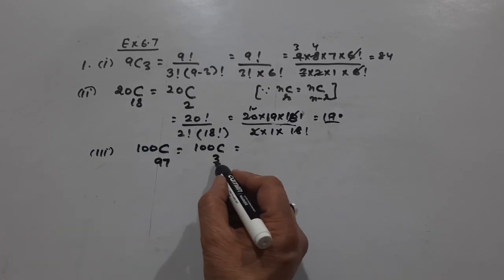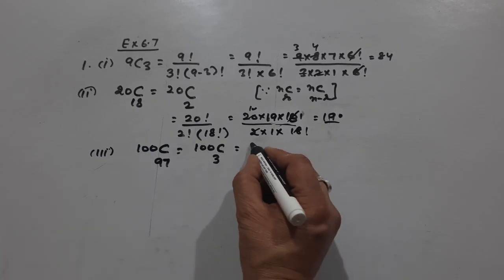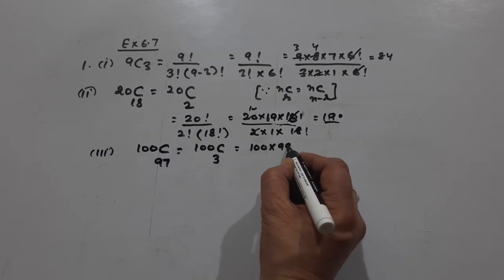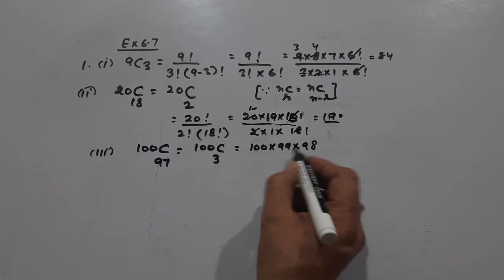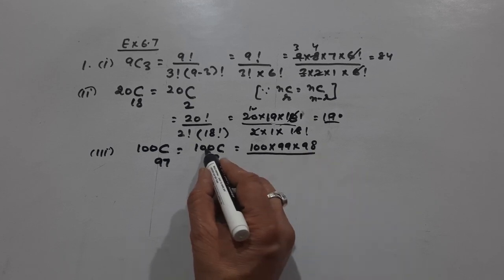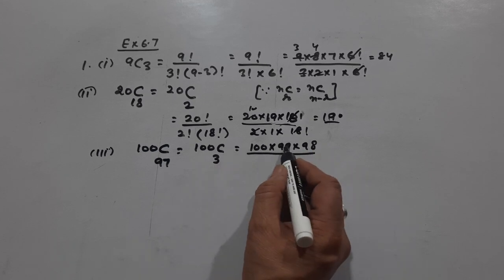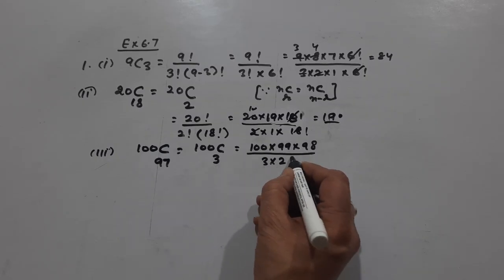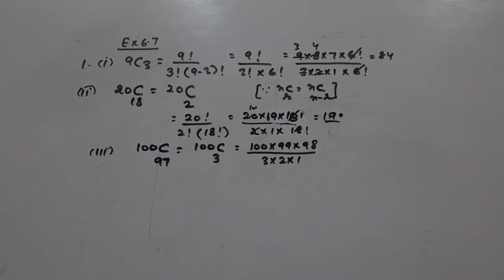Here we have 3 in 100C3, so we write 3 terms: 100, 99 and 98, and write 3 up to 1, like this.